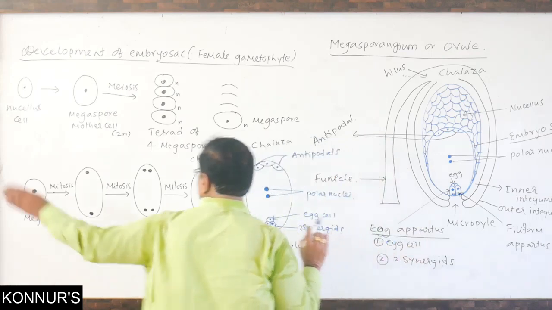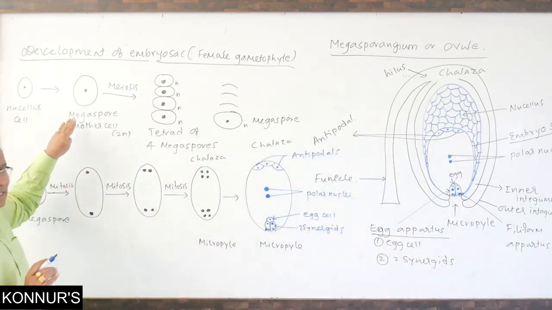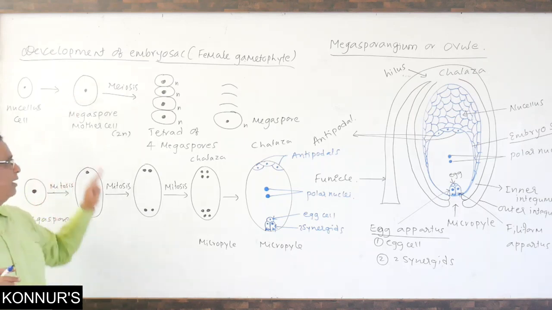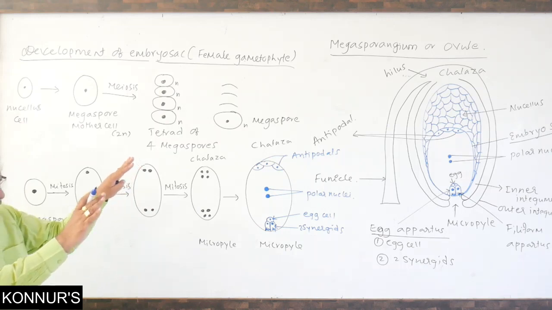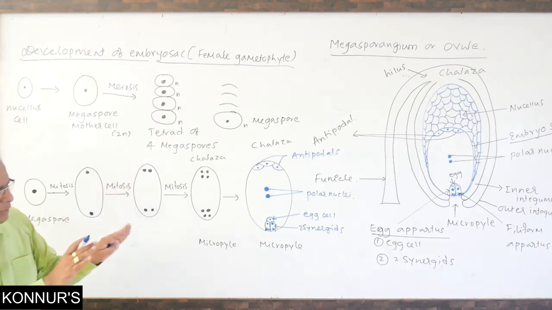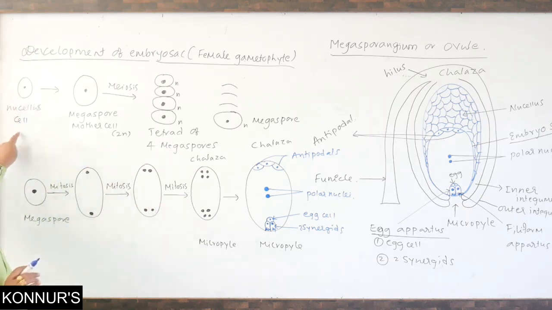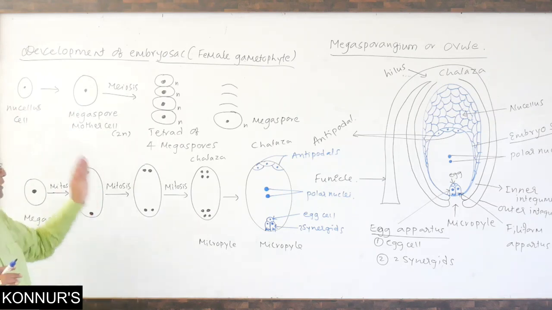It is just enlarged and becomes megaspore mother cell. Previously, internally it is packed with the nucellus only. One of the cells towards micropyle is a nucellus cell that gets enlarged and becomes megaspore mother cell, which undergoes meiosis.